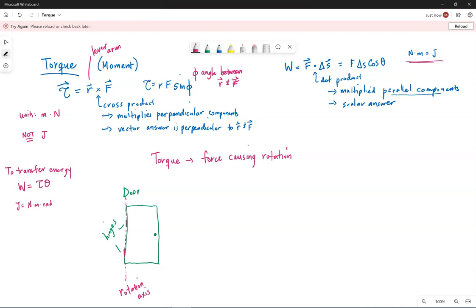Now I hope you remember, if you haven't even accidentally done this, you cannot open a door by pushing on the hinges. Right? If I come up to the door and start pushing against these hinges, P for push, the door's not going to open or shut.